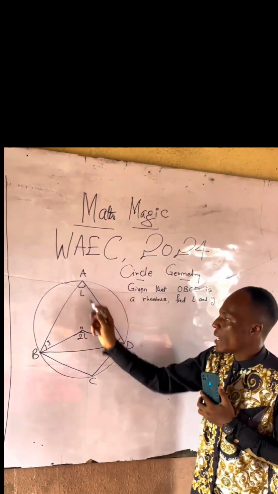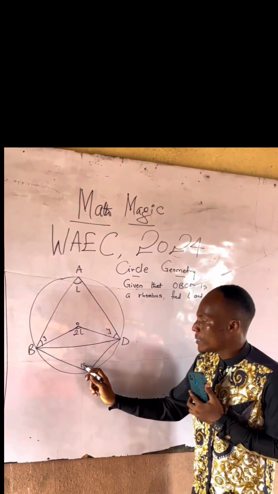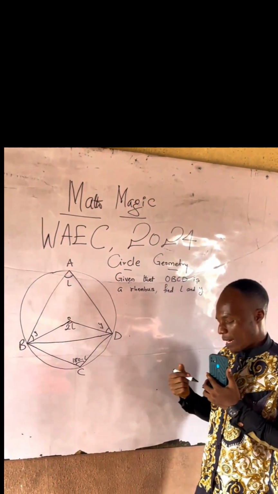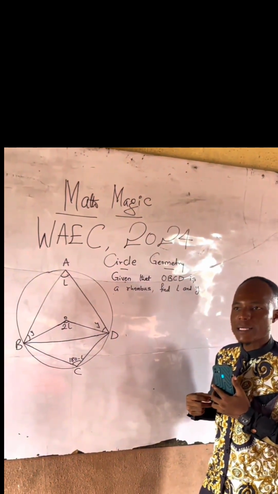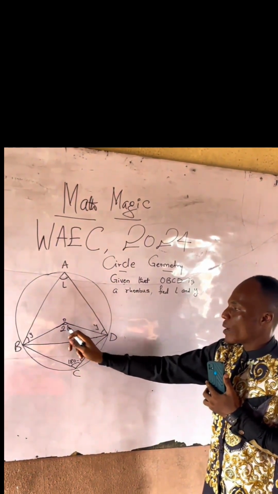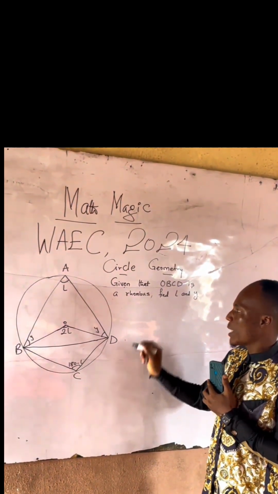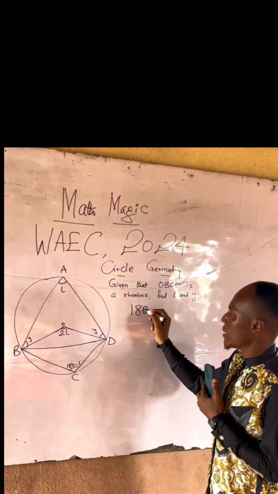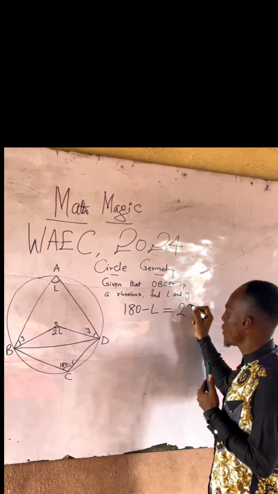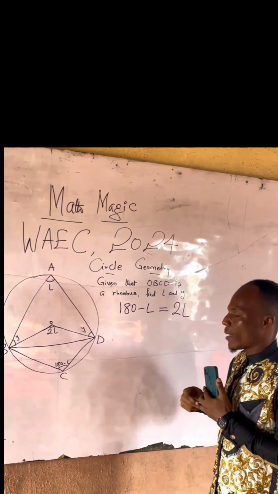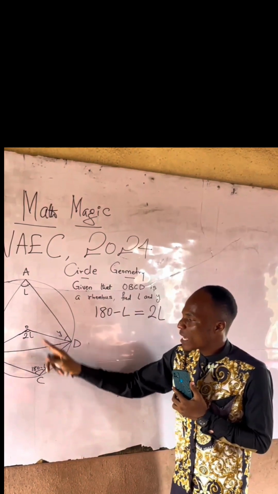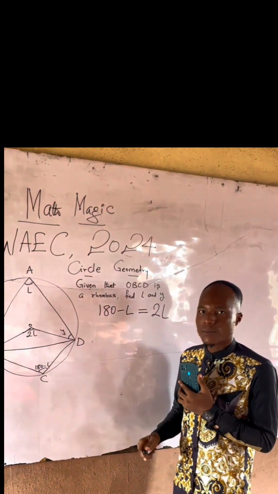So if here is L, here is 180 minus L. So we have 2L here and 180 minus L here. So 180 minus L is equal to 2L, because, like I said, the two opposite angles in a rhombus are equal.